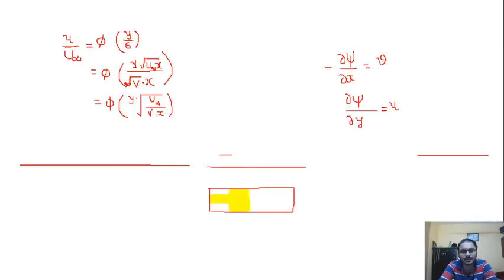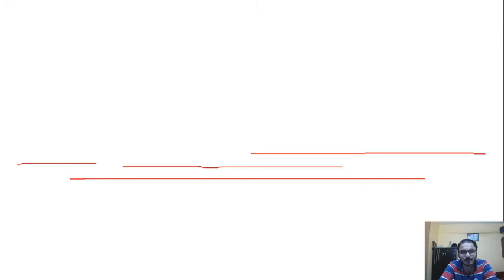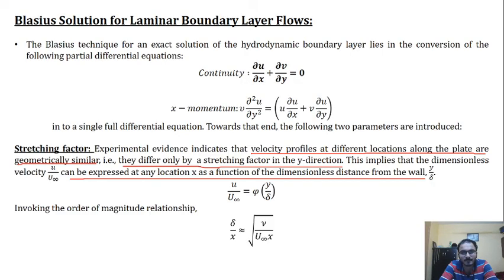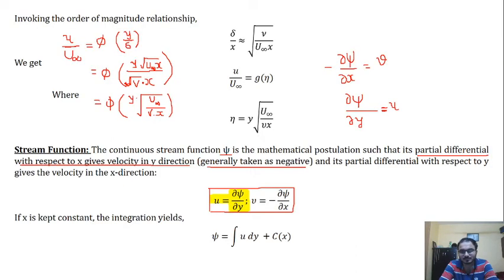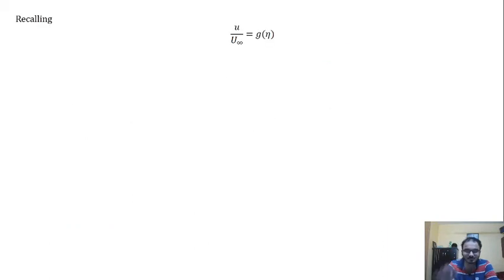Continuing from our previous slide, here u upon u infinity is given by a function of eta, and combining these equations you can get this.